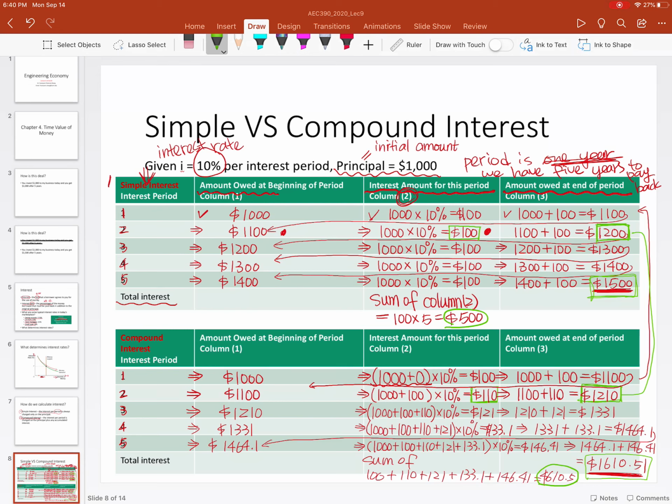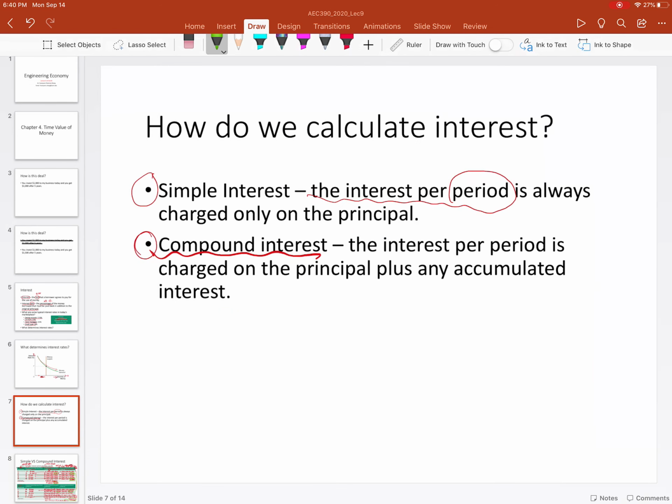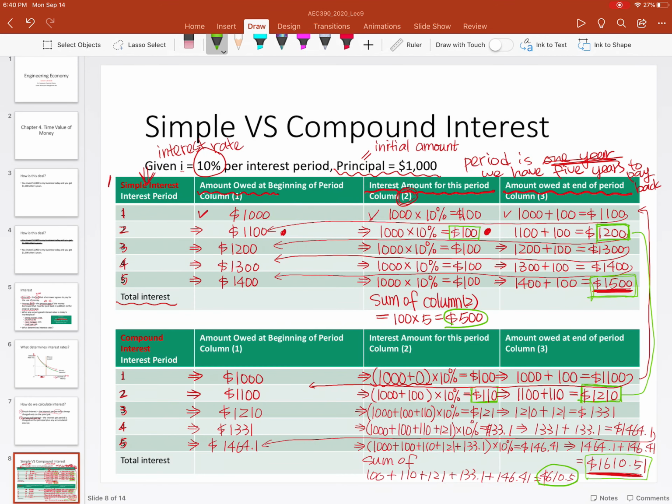So you can pause here and go back to learn the definition of a simple interest and a compound interest, and then follow this calculation again to see if you can fill up this table by yourself.